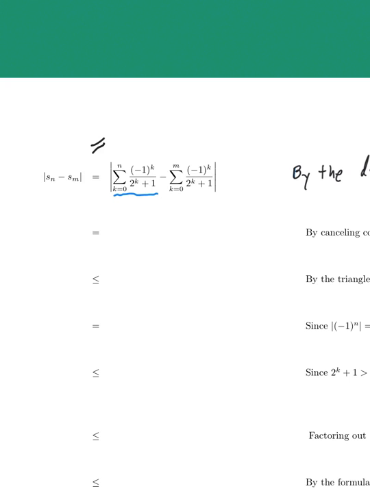And remember, m is less than n by assumption right now. So when I list the first n terms, I will include the first m as a sub-sum. So that'll be, let's see, negative 1 to the 0 over 2 to the 0 plus 1. Oh no, that's supposed to be blue.